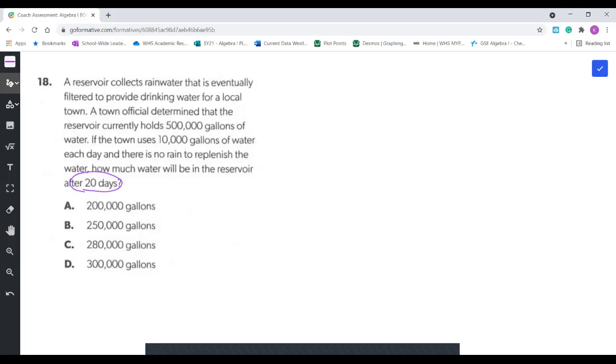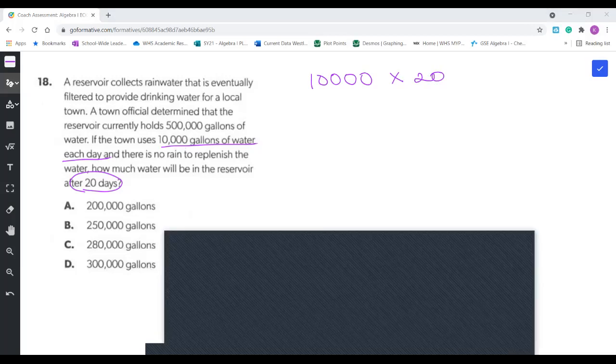Well, let's think about this. They're using 10,000 gallons per day, right? They want to know what's left after 20 days. Well, how much water are they going to use after 20 days? That's going to be 10,000 times 20. Let's see, what's 10,000 times 20?